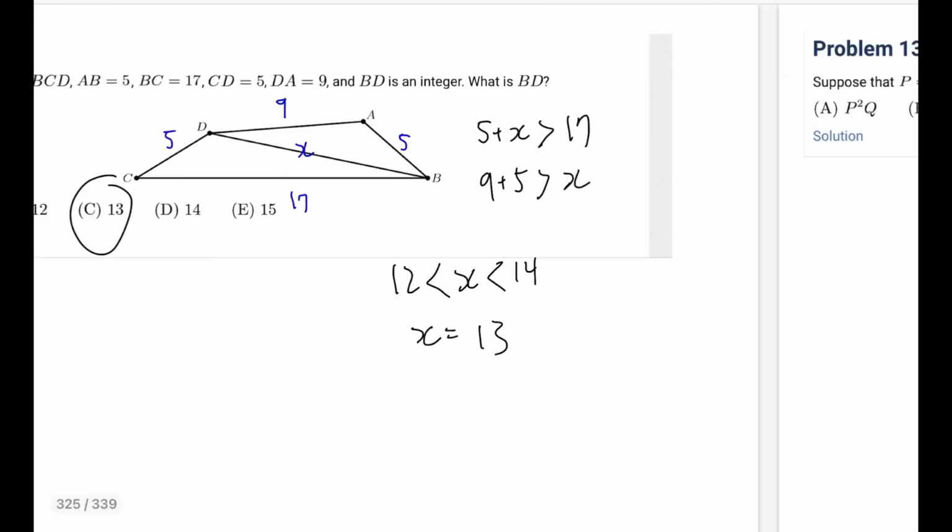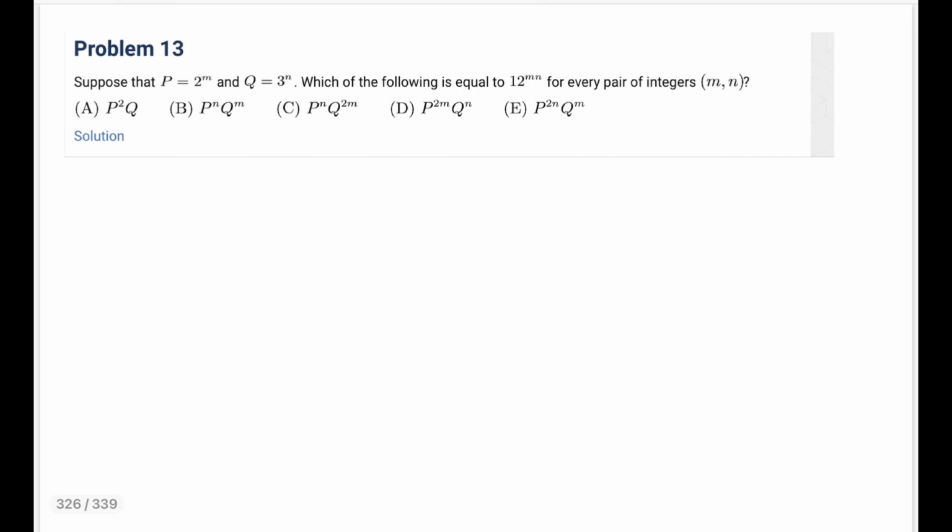The answer is C. Number 13, suppose that P equals 2 to the mth power and Q equals 3 to the nth power. Which of the following is equal to 12 to the mnth power for every pair of integers m, n? So 12 to the mnth power equals 3 to the mnth power multiplied by 4 to the mnth power, right?